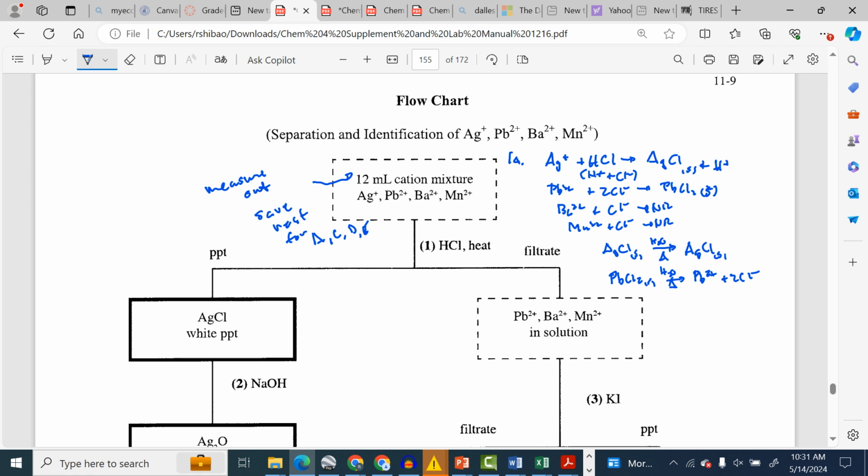Be careful when you're crushing it because these test tubes have been abused. And what happens is, you know, what's the normal tetrahedral bond angle? What's the tetrahedral bond angle?